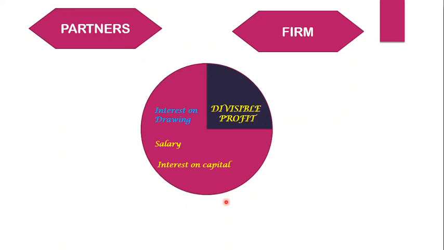Now in case interest on capital is by mistake omitted, what will happen? Of course, profits will increase, because the balance amount is paid to the partners in their profit sharing ratio. So if interest on capital is omitted, the balance will be more, and that will be distributed to the partners in their profit sharing ratio.